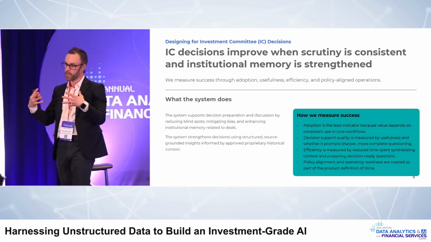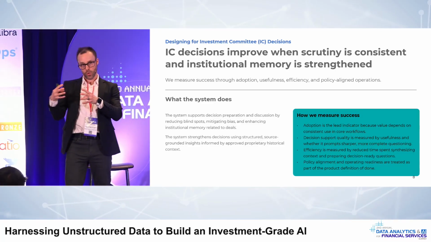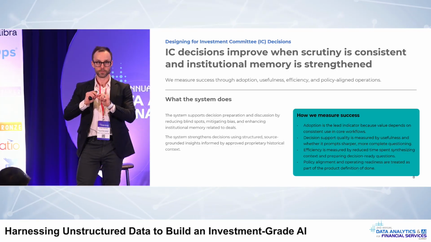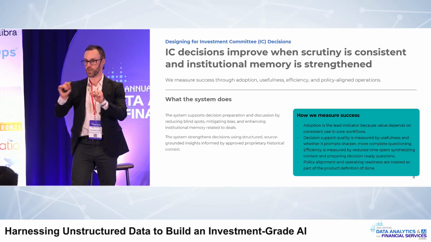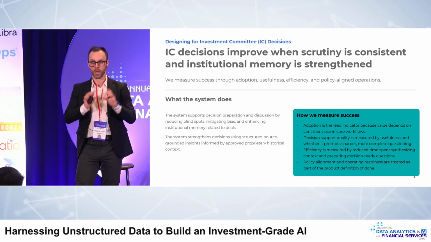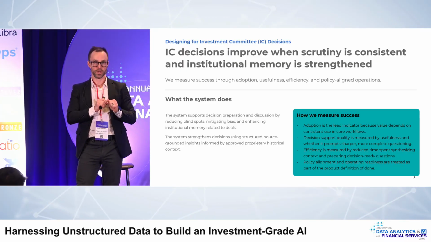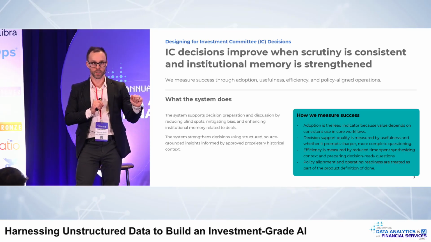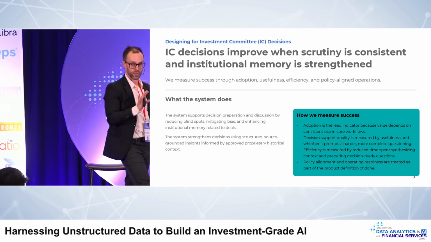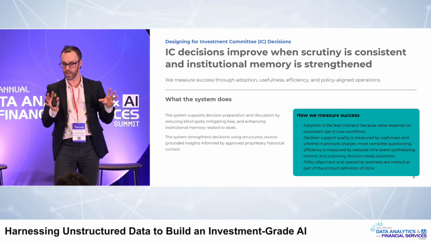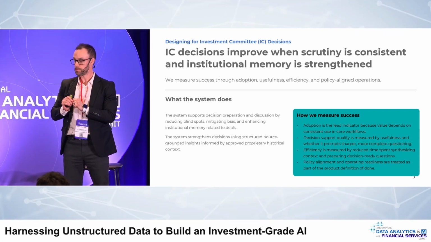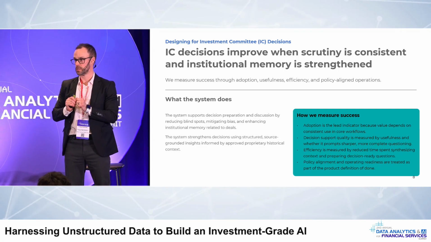And so we designed a solution that synthesized that institutional history into a set of suggested questions. For example, the current deal has a particular profile in a particular subsector, or has risk-return characteristics, and the new deal that you're presenting has similar characteristics.